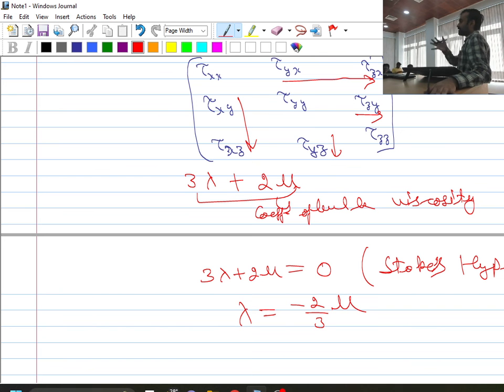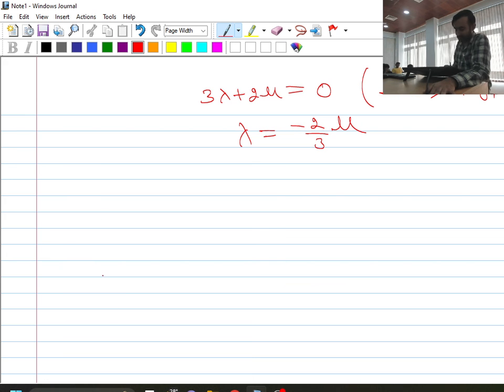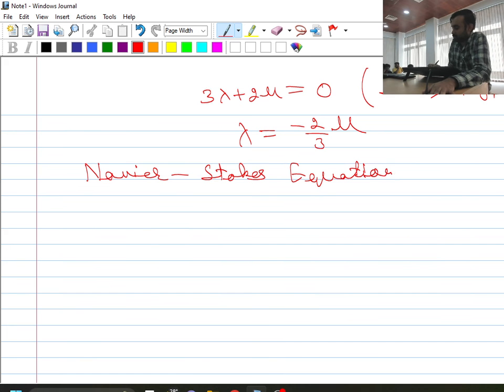When we introduce the Stokes hypothesis into the Navier's equation, then it becomes Navier-Stokes equations. Okay, so there were Navier's equations which were in the form of stresses, generalized form.